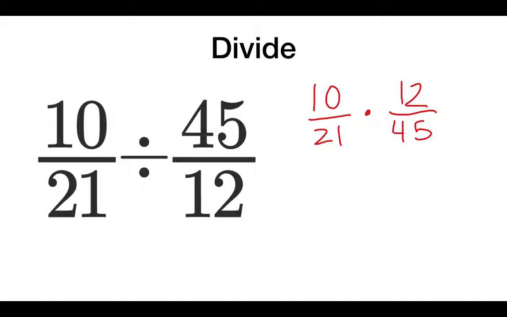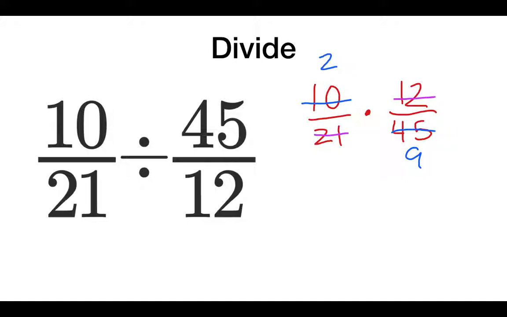So now let's try to simplify. Well, 10 and 45 both happen to be multiples of the number 5. 10 divided by 5 is 2, and 45 divided by 5 is 9. The other thing I'm going to notice is that 21 and 12 are both multiples of the number 3.